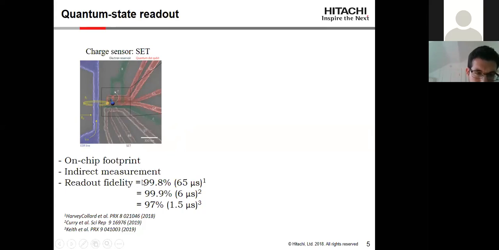It's an indirect measurement because you are measuring a device that detects the state of a different device. And with this method, readout fidelities up to 99.8% in 65 microseconds have been achieved, but in timescales suitable for error correction, 97% is the state of the art in terms of fidelity.